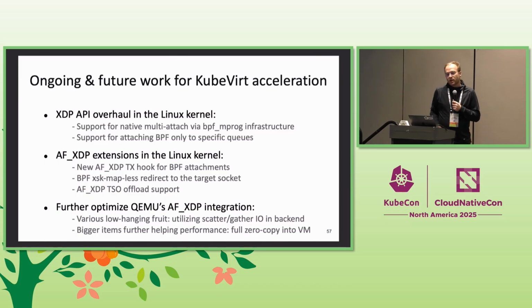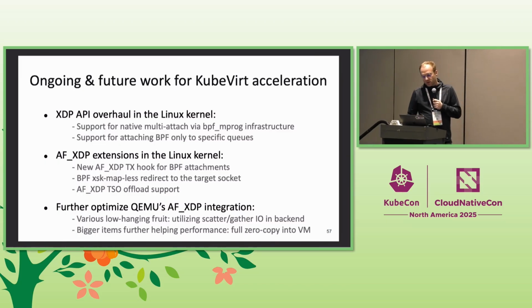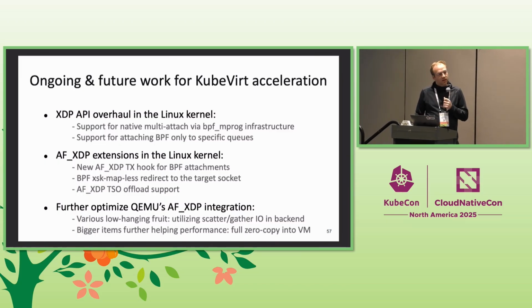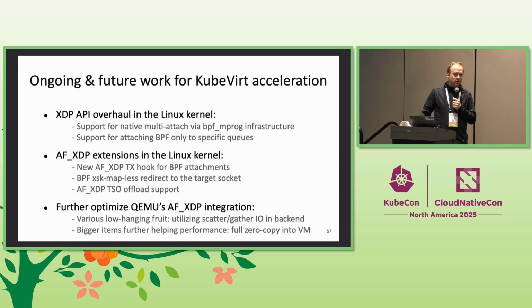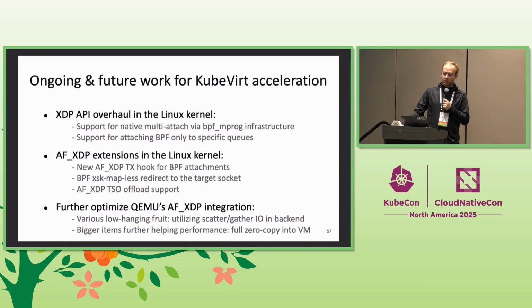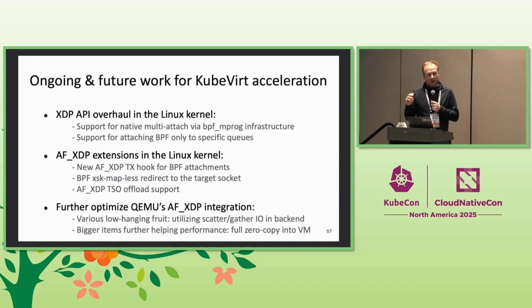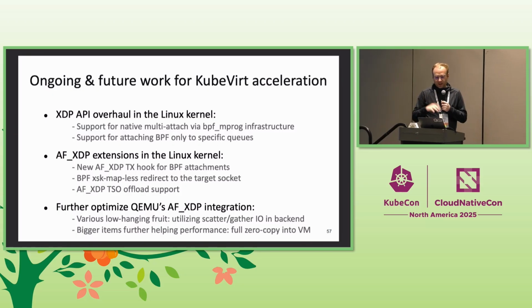And for the QEMU AFXDP backend, there are some low-hanging fruits, but also some bigger tasks. One low-hanging fruit, for example, is to use vectorized I/O to get traffic in and out of AFXDP into the VM.